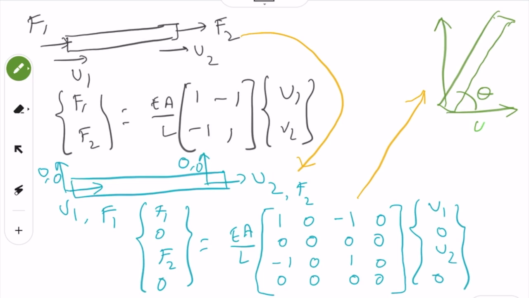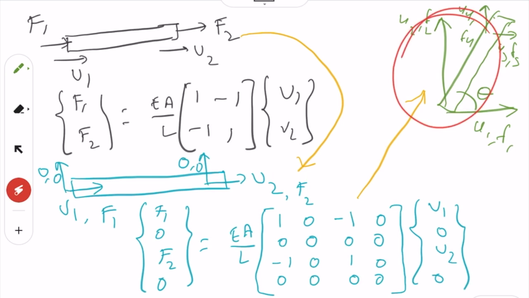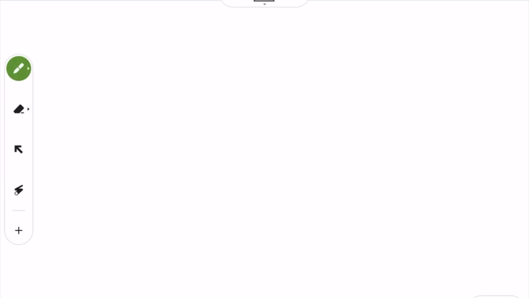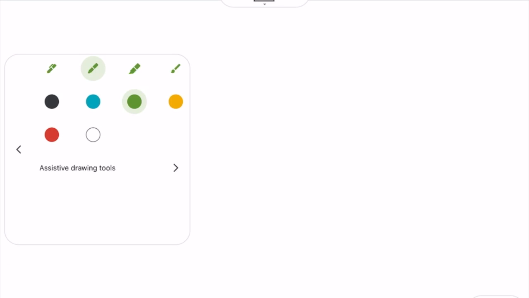Yeah. And for that system our equations, so here we have a small u1, a small f1, a small u2 f2 and u3 f3 u4 f4. Okay, so we are interested in this system, and for that we want to find out some new k.